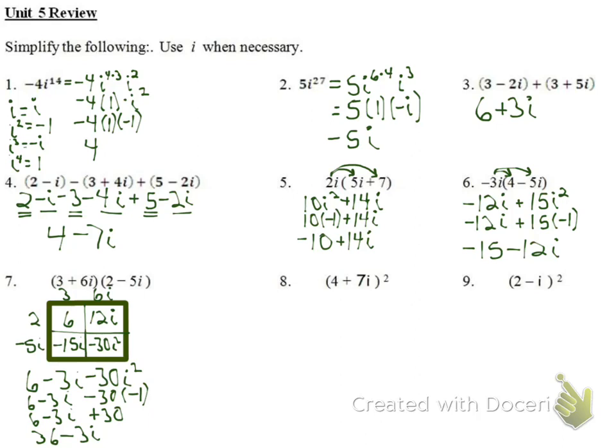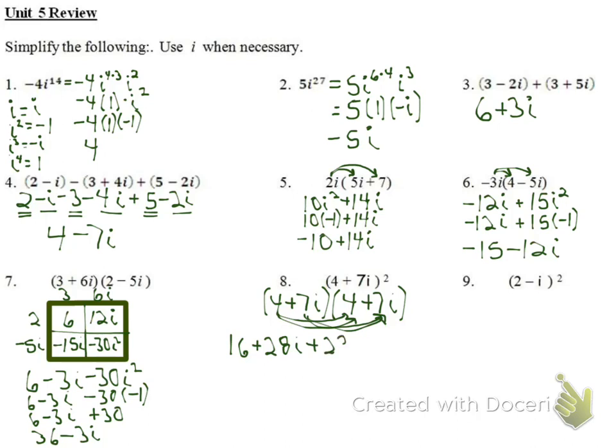Number 8, we should treat this as a multiplication as well. You're not just going to write it as 16 plus 49i squared. It's almost like binomial multiplication, so it's better if we write it as 4 plus 7i, 4 plus 7i. And we could use FOIL for this one. I'm going to do the first term times both terms in the second. That's 16 plus 28i. And then the second term times both terms in the second.